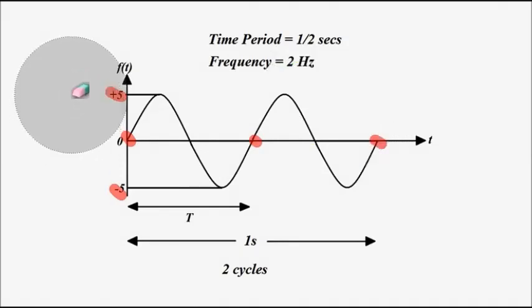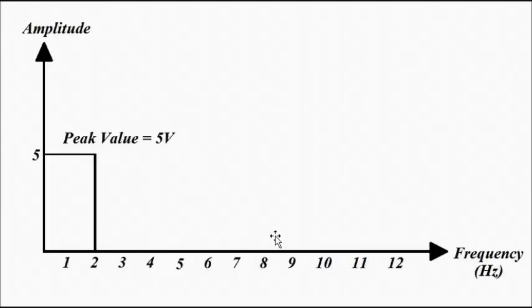So in the frequency domain representation, at different values of frequency, the peak amplitude values are represented. Here the frequency is 2 Hertz, peak value is 5. The frequency domain representation has amplitude on the y-axis and frequency in Hertz on the x-axis. At 2 Hertz frequency, the peak value is 5.